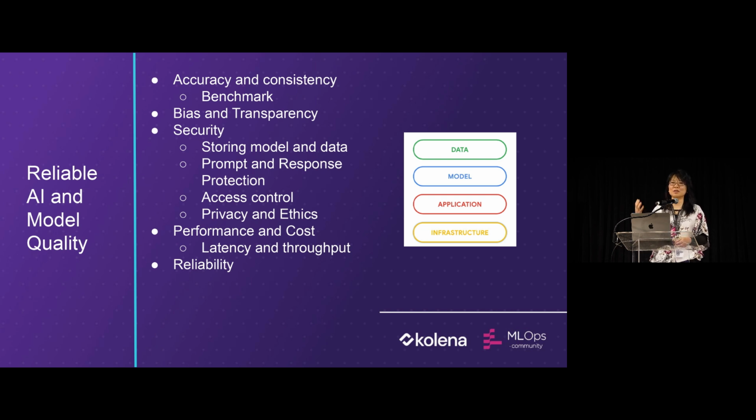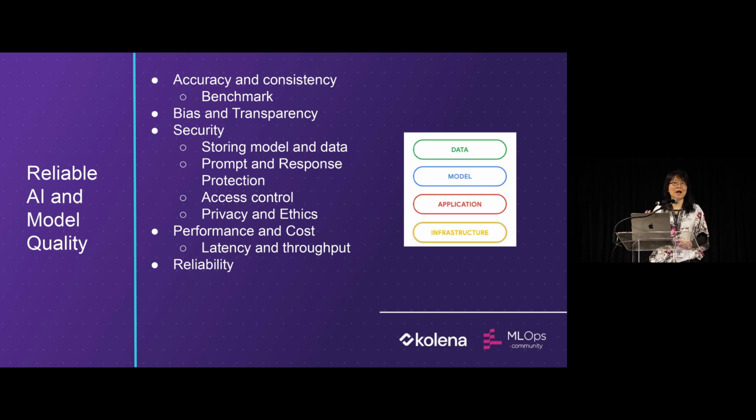I'm pretty sure data scientists and machine learning engineers care a lot about the quality of your model. Through today's conference, I've heard a lot: how can you ensure your dataset quality, and how can you make sure your model is accurate, consistent, without bias, and transparent for customers? That's the first bucket, what I mean by model quality.